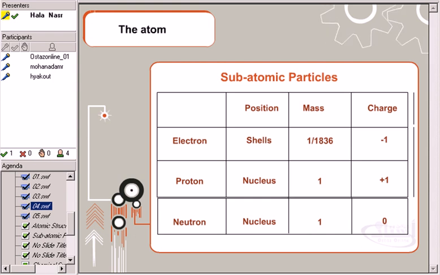It's also 1. Very good. However, Mr. Ahmed, can you have a look at the mass of an electron? Very good. If you divided 1 over, let's say, 2,000, would this be a measurable number?